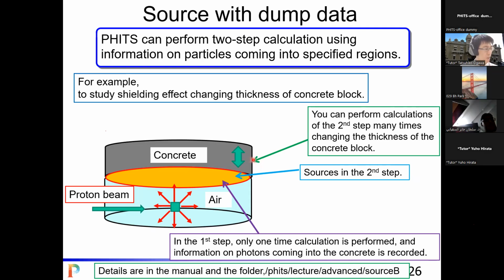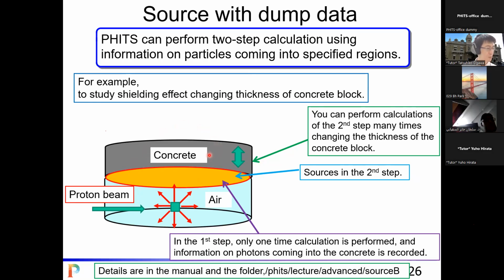And then let's go on to the next one. This can perform two-step calculation using information on particles coming into specified regions. This is exactly what we did in the source B lecture. We dump the particles at a certain plane and use this dumped data in the subsequent transport step.